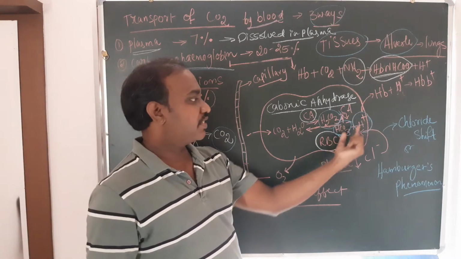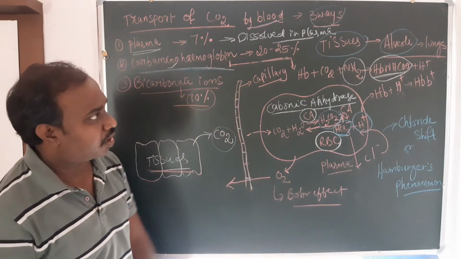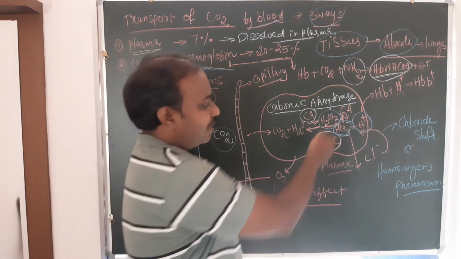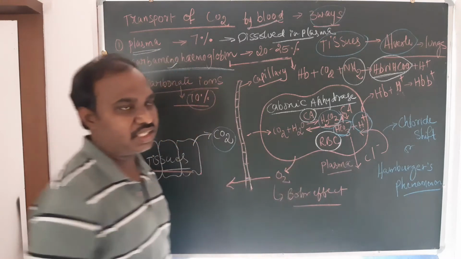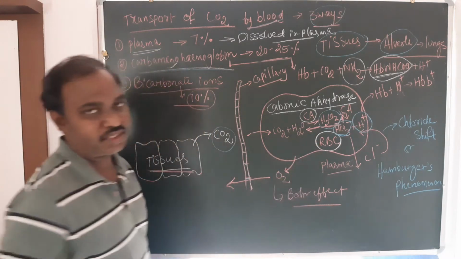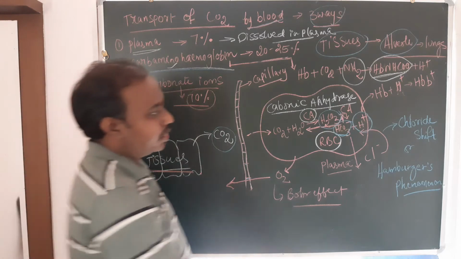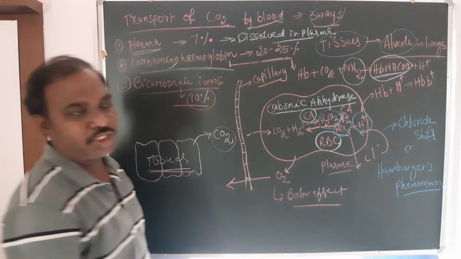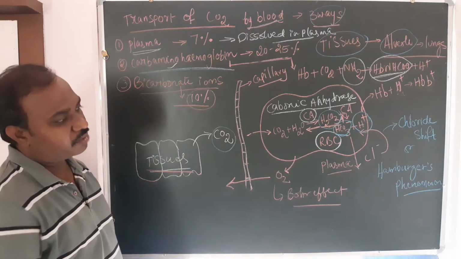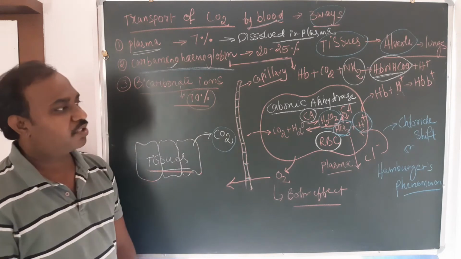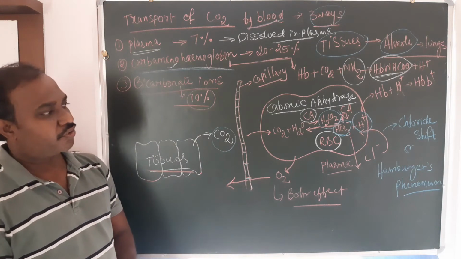Because of the concentration differences between the RBC and the plasma, some of these bicarbonate ions, not all of them, diffuse into plasma.